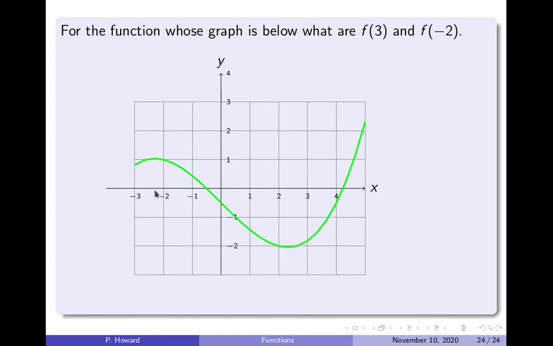Okay, so here's the graph drawn in green. Let's work first on finding f of 3. So we locate the input on the horizontal or x-axis. Here is 3 on the horizontal axis. And f of 3 will be the height of the graph at 3. And if the graph is below the x-axis at 3, f of 3 will be a negative number.